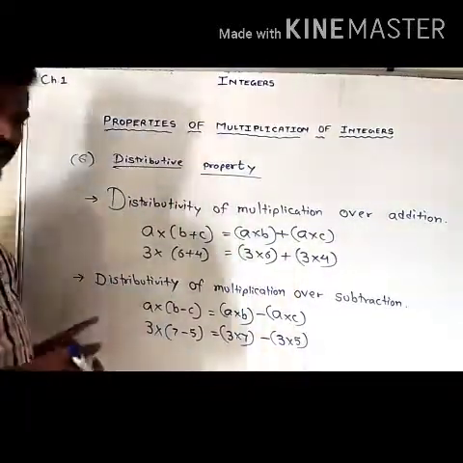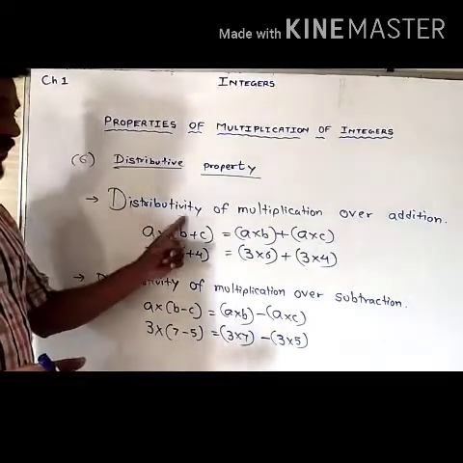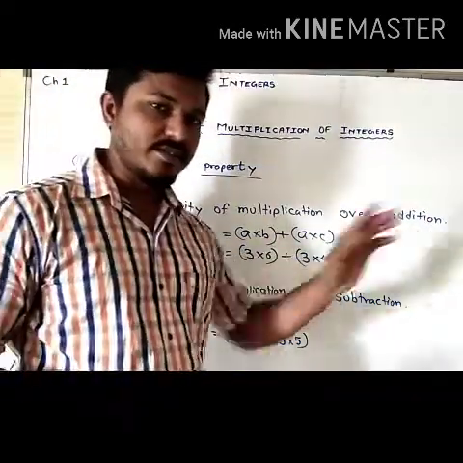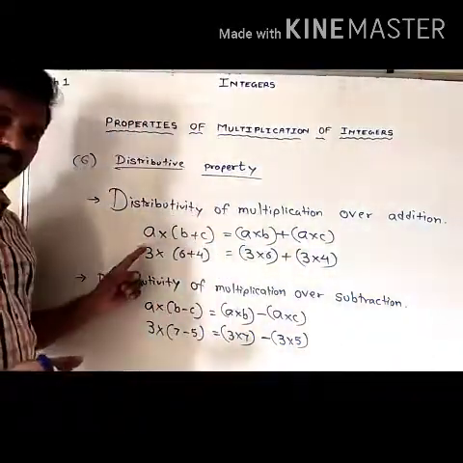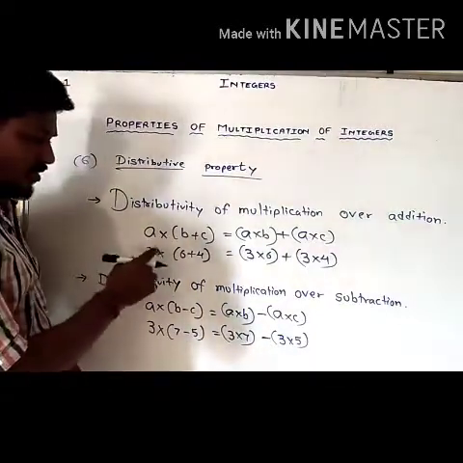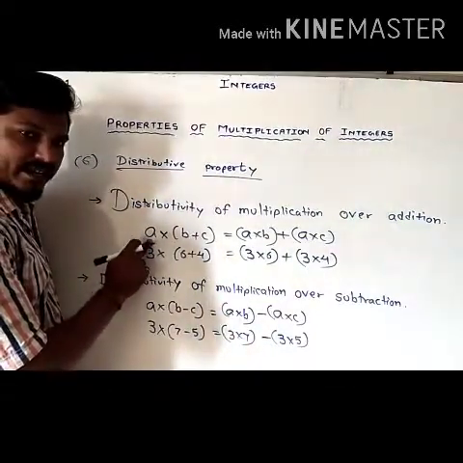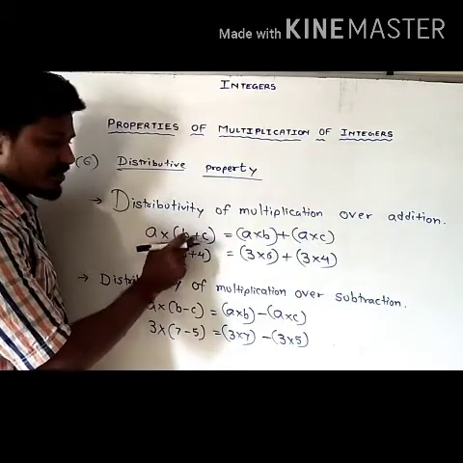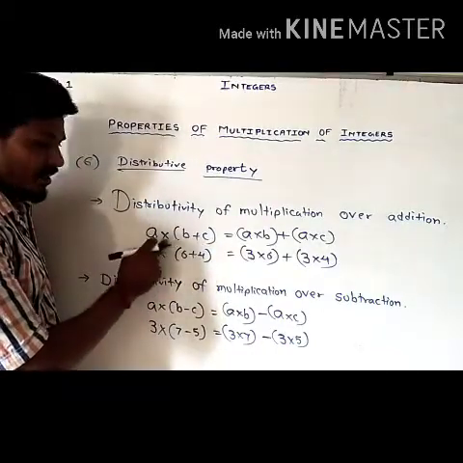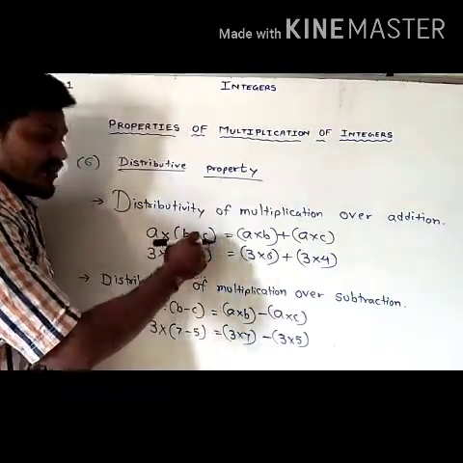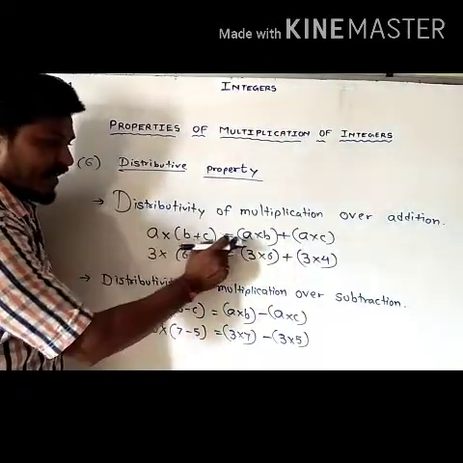Now next property, distributive property. In that, two conditions you have to remember. Distributivity of multiplication over addition. See, through example, you have to learn. a be an integer, b another integer, c a third integer. a into (b plus c) is always equal to a into b plus a into c.